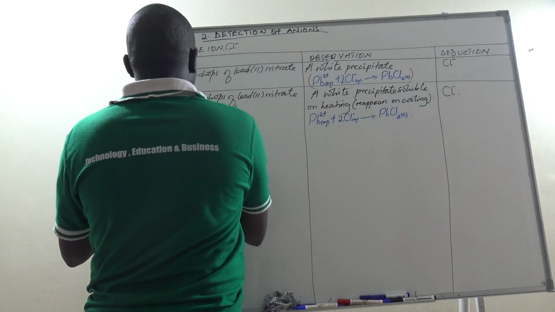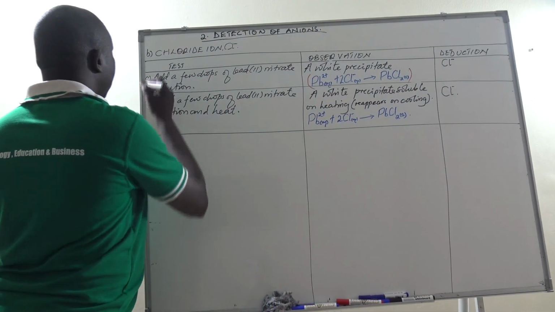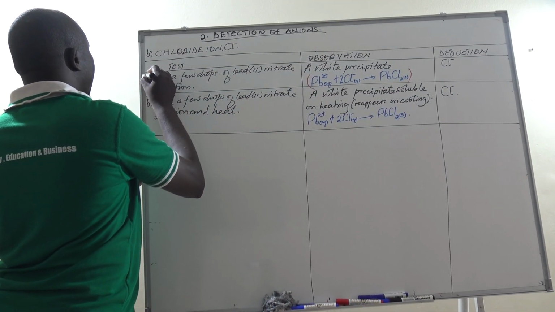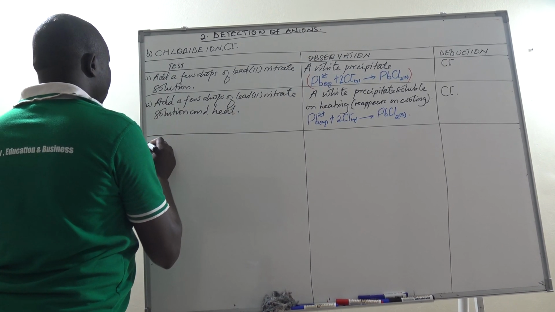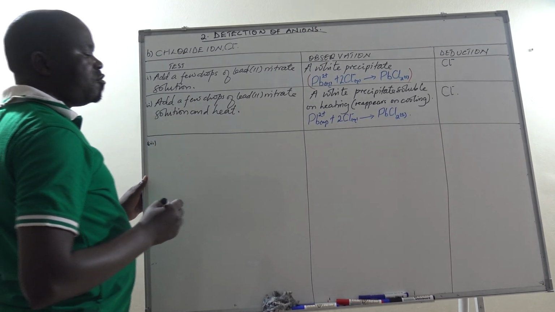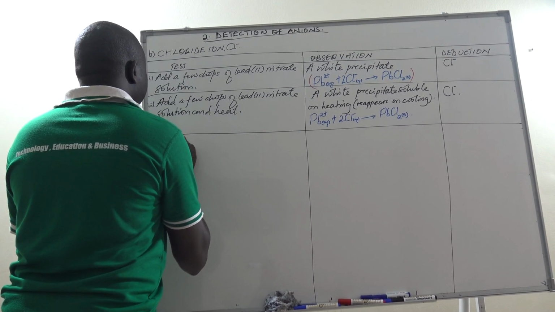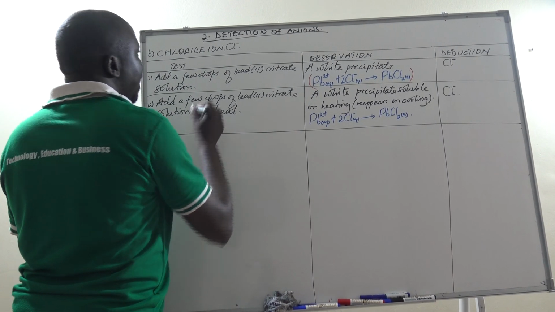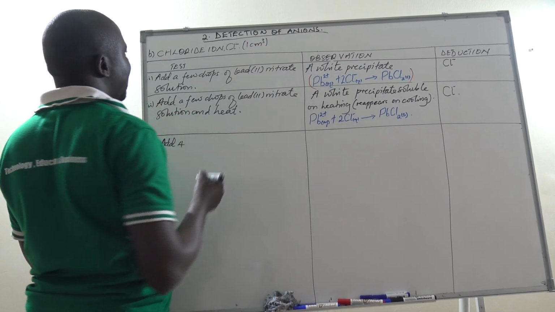Let us go to another reagent that can also be used. Let me use this one as Roman 1, this one as Roman 2. We can also have another reagent, that is silver nitrate solution. So we can add, let me be specific in this case, we are always dealing with 1 cubic centimeter of the solution under test.